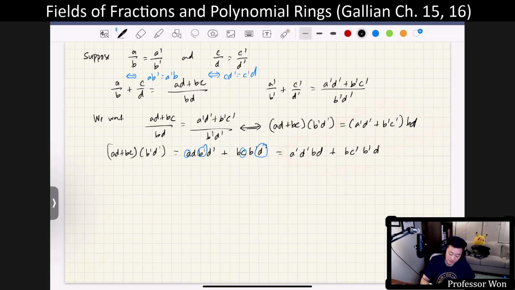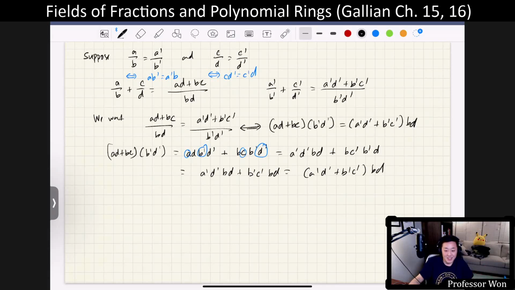We can push the B prime, the BD to the right side: B prime C prime BD. That's a relief. Addition is well defined. That means that the addition you've been doing on fractions your whole life actually makes sense. It doesn't depend on your choice of numerator and denominator for that fraction.